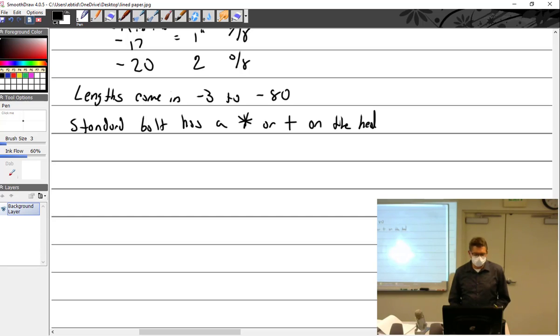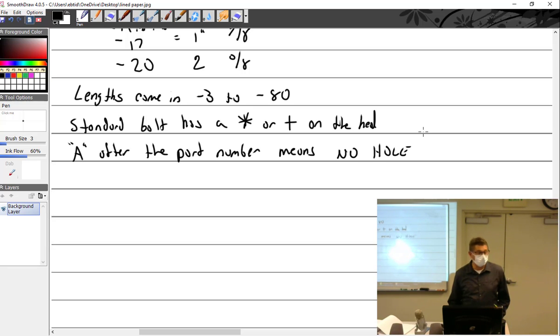An A after the part number means no hole, or absent the hole. So A is absent the hole.